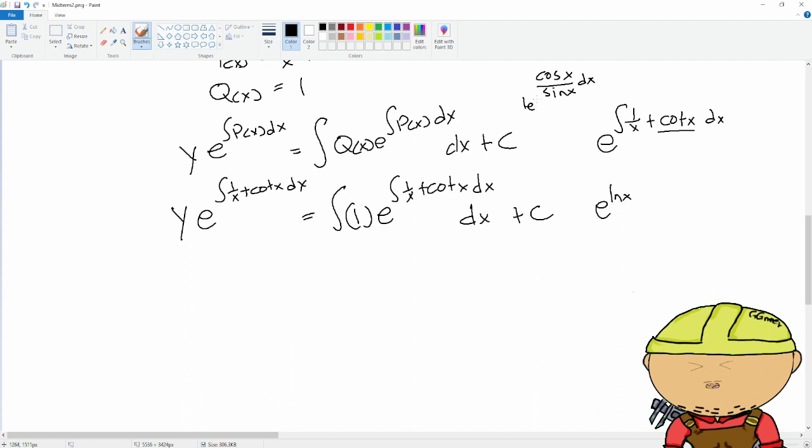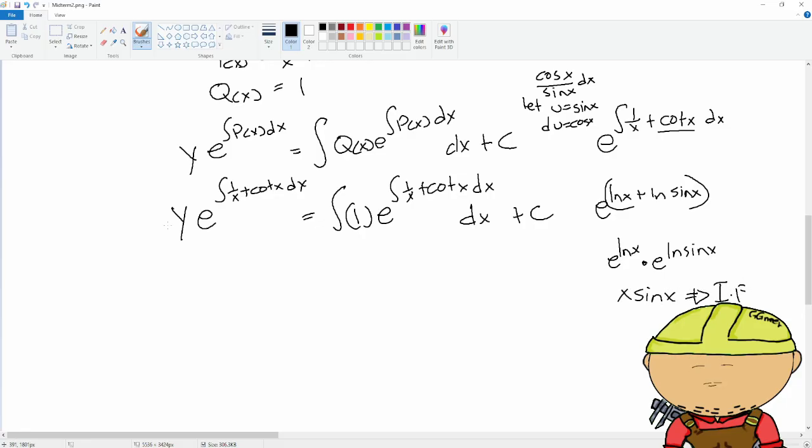If we let u is equal to sine x, then the differential of u is cosine x dx. And that will become ln sine x. Okay, and simplifying it further, it will become e to the ln x multiplied by e to the ln sine x, or x sine x. This is now our integrating factor.